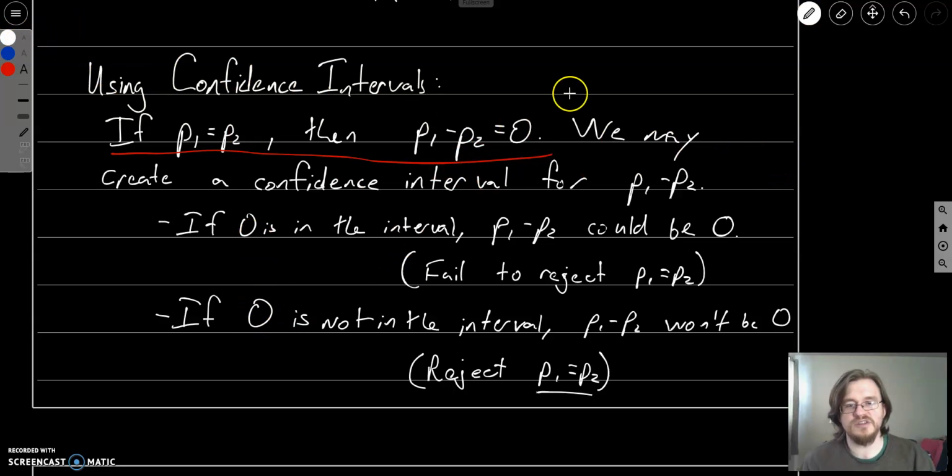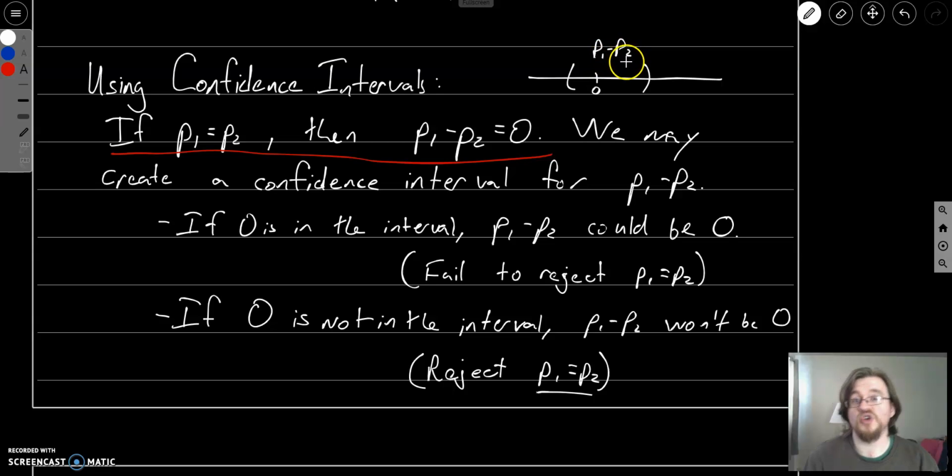And there are two situations. We have our confidence interval, so P1 minus P2, we're confident it will be between two numbers. If 0 is inside of this interval somewhere, then we are confident that P1 minus P2 could be 0. So there is a chance that P1 minus P2 could be 0, in which case there's a chance that P1 is equal to P2. So we can't reject the original null hypothesis.